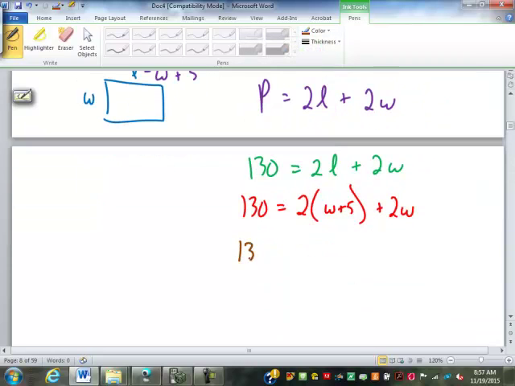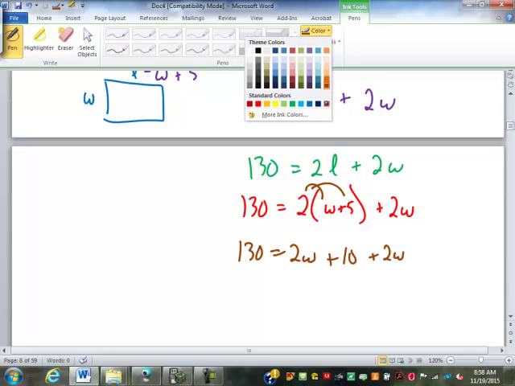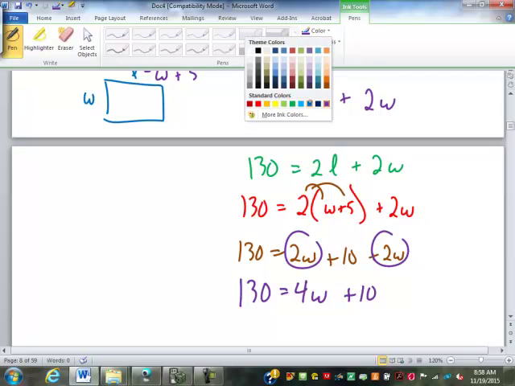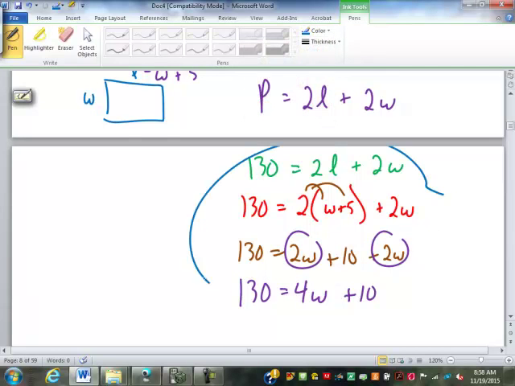The 130 doesn't change. 2 times W is 2W. 2 times 5 is 10. And 2W. So yeah, 2W and 2W is 4W. Still plus the 10. And now we just solve the equation. Any questions on how we got any of this? Any questions on where this came from?